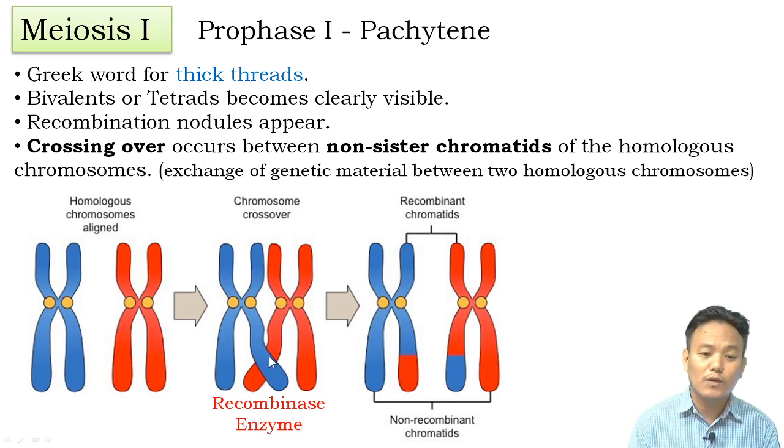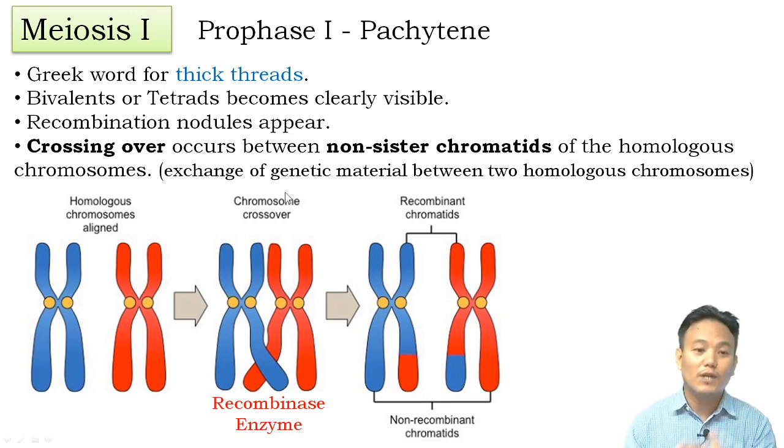It requires an enzyme called recombinase. So the recombinase enzyme helps in the recombination process. Through this process, there is exchange of genetic material between non-sister chromatids of the homologous chromosomes.